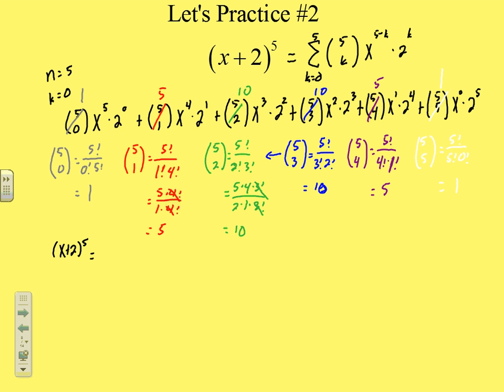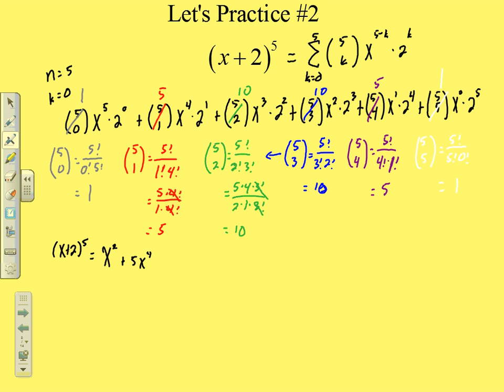So either way, even doing the factorials is probably less complicated than trying to keep track of all the distribution and like terms that you'd have to go through. That's just my opinion. So the first one is going to be x to the 5th plus 5 x to the 4th. Oh, I'm sorry, not paying attention.